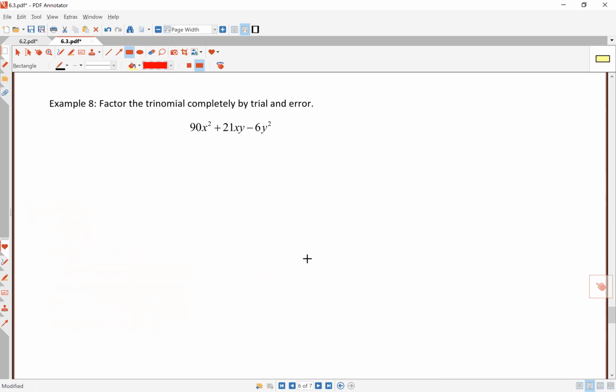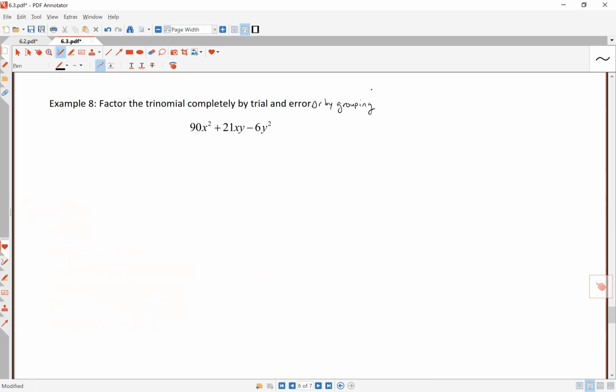Example 8. Factor the trinomial completely by trial and error or by grouping. 90x squared plus 21xy minus 6y squared.